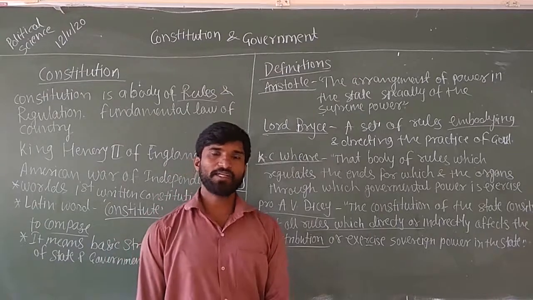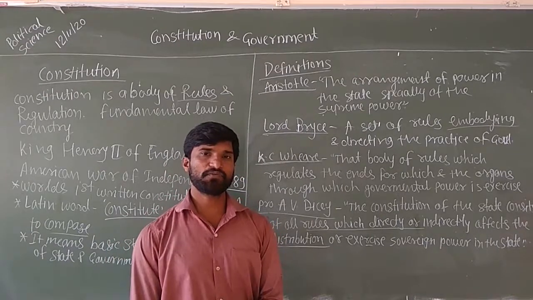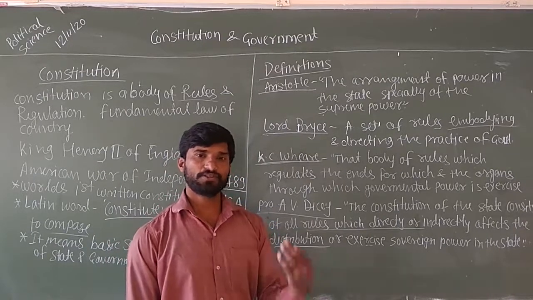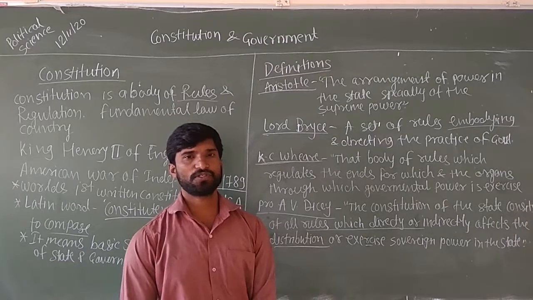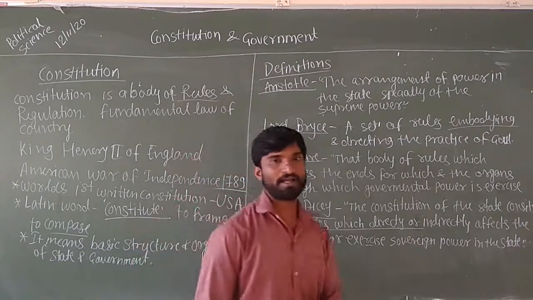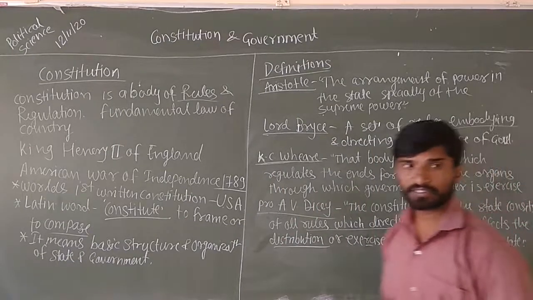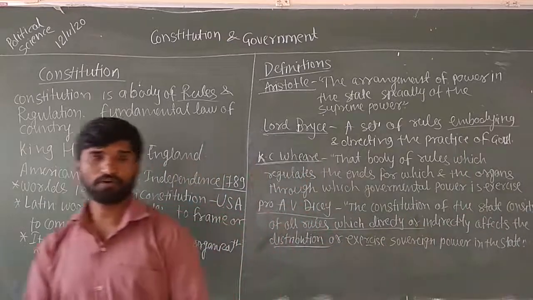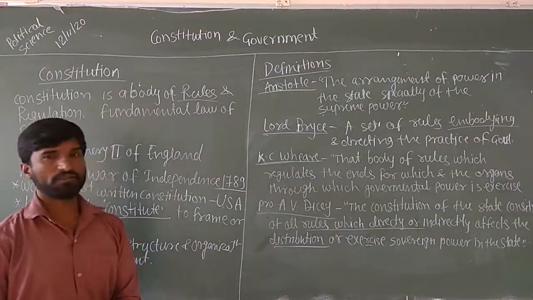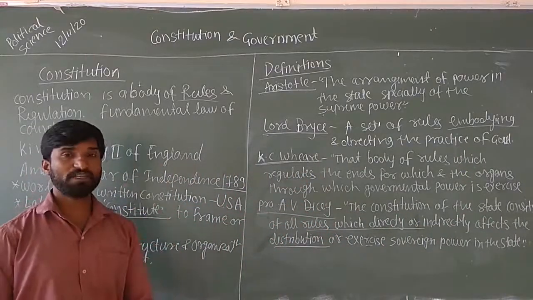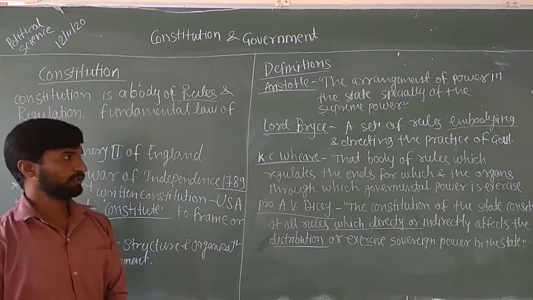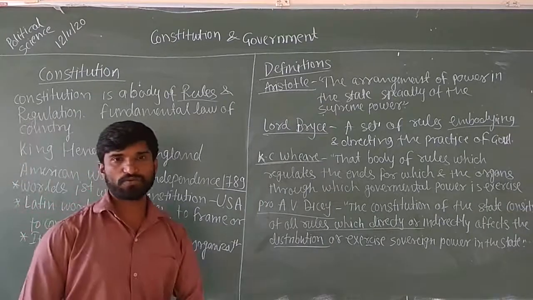So directly or indirectly, whatever affects the sovereign power of the state, that is called a constitution. All the rules and regulations which are to be followed, maybe in written or unwritten form, that is called a constitution.